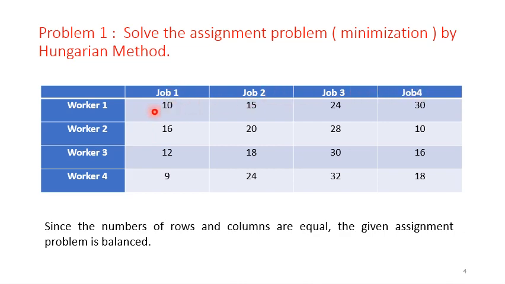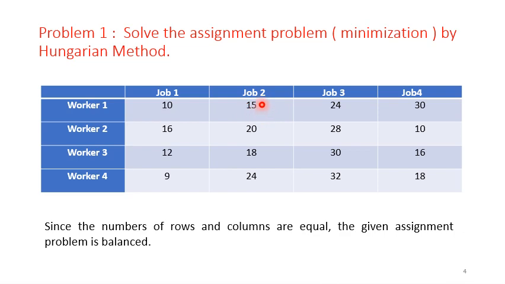All these numbers represent the time that a particular worker takes on a particular job, or let us say these are the costs. So worker 1, if assigned to job 1, will incur a cost of 10 rupees to the company. Worker 1, if assigned job 2, will incur a cost of 15 rupees.